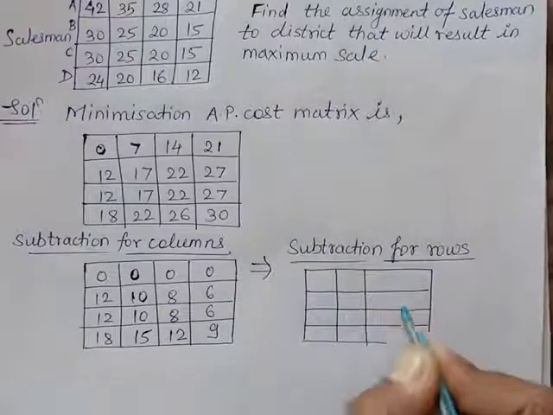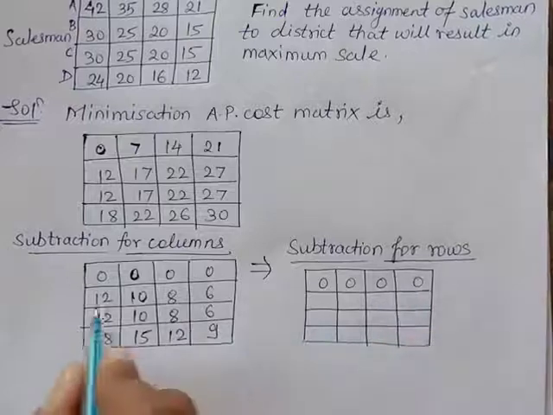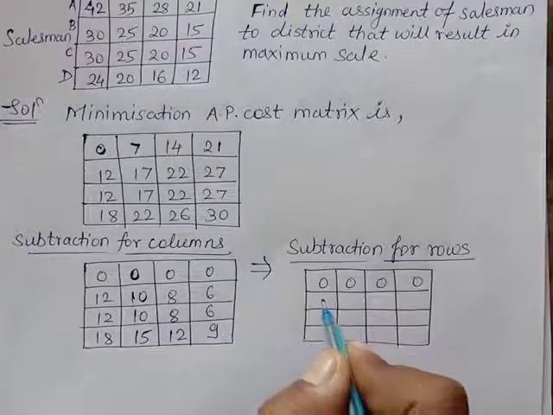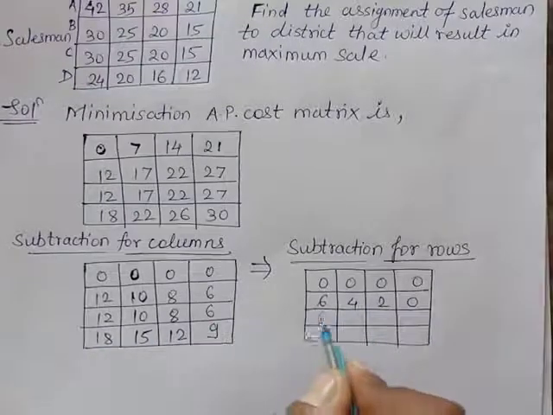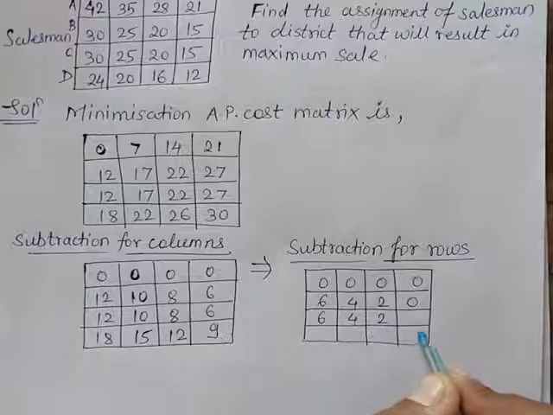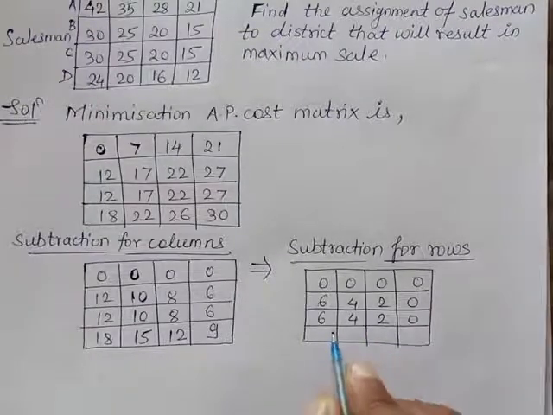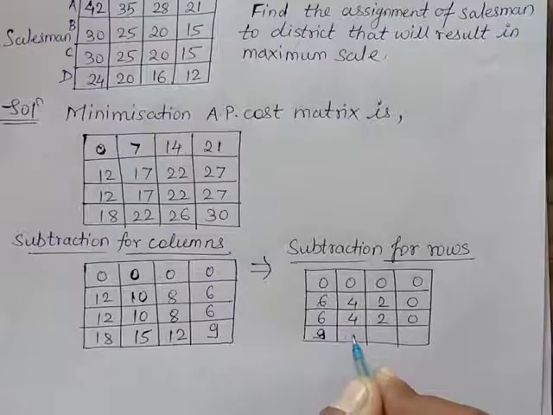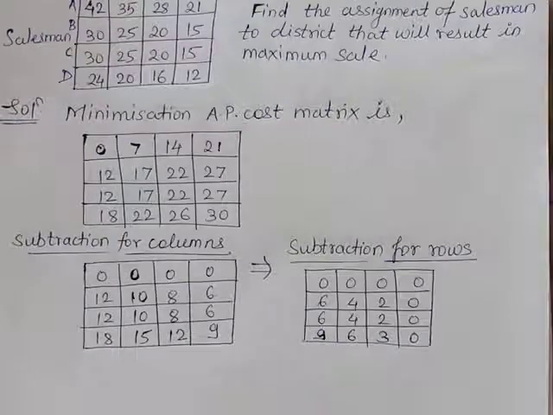Now the first row remains the same, 0, 0, 0, 0. The minimum of the second row is 6, so subtract 6 everywhere: 6, 4, 2, 0. Here also 6, 4, 2, 0 we get. And here the minimum is 9, so 9, 6, 3 and 0. So now each row and column has a 0.